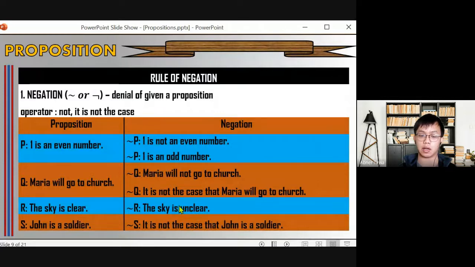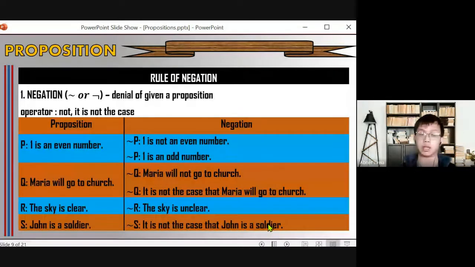That is accepted as a way of negating a proposition. The symbol of that will be not R. Another example: proposition S, John is a soldier. If you negate the proposition S, that will be not S. Therefore, we have here, it is not the case that John is.